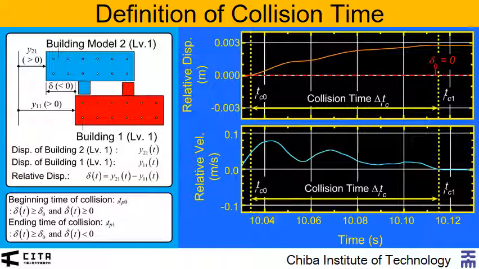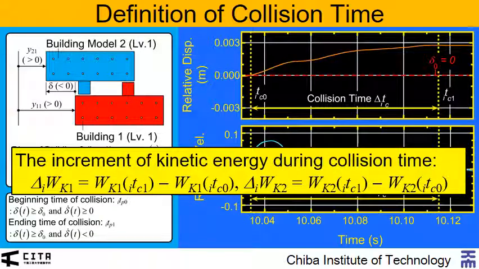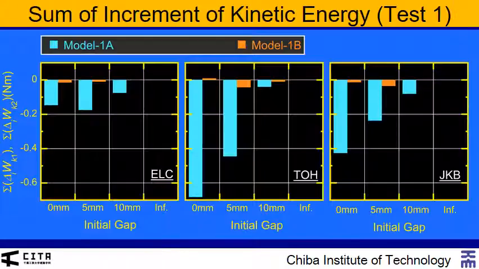In other words, the beginning time of collision is the time when the two building models begin to contact, while the ending time of collision is the time when the two building models begin to separate. In this study, the increment of kinetic energy during collision time is calculated for each pounding for the later discussion.